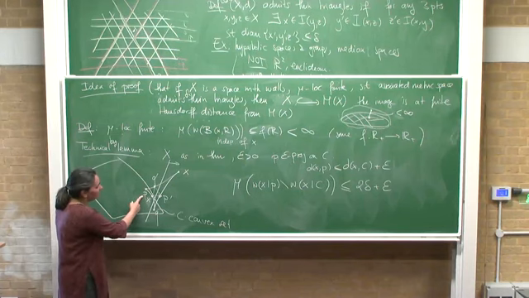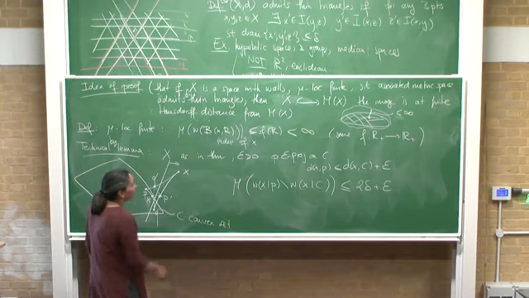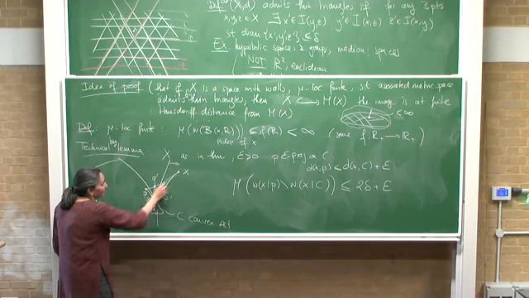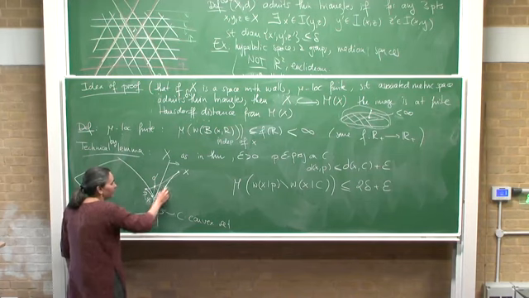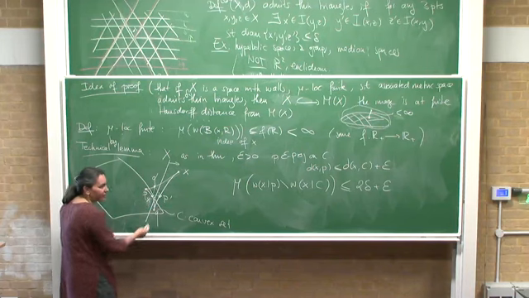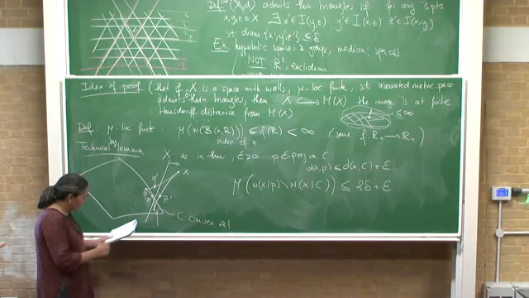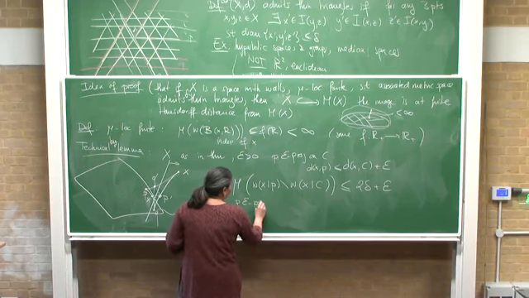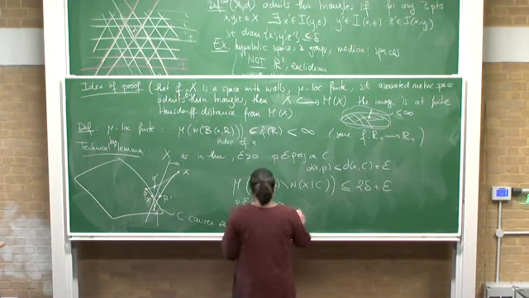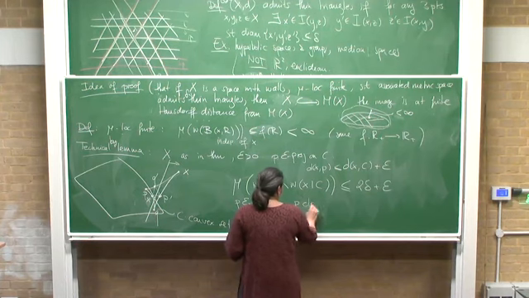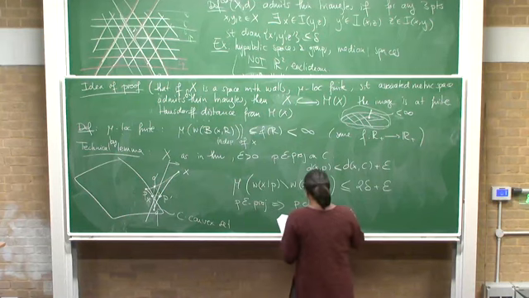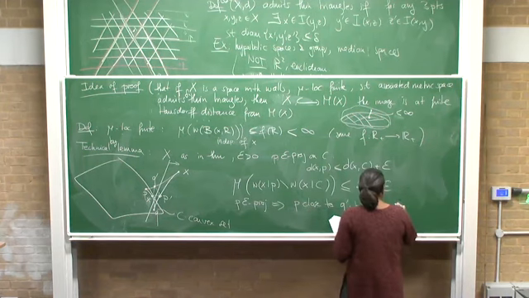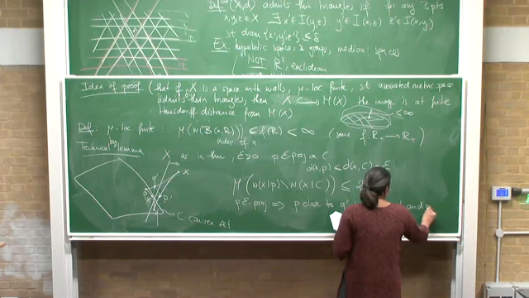Since P is an epsilon projection, going like this is not very far from going along that geodesic. It also means that P is close to Q prime, hence to X prime and P prime.